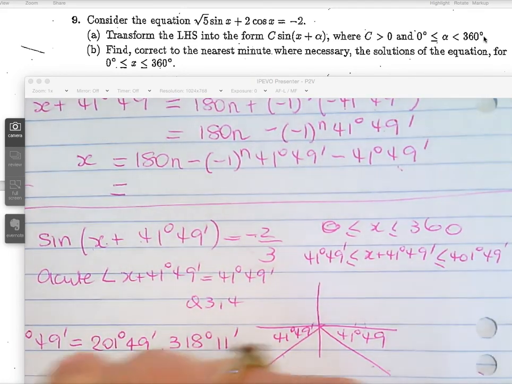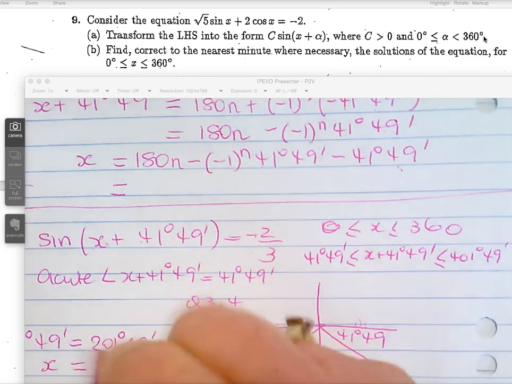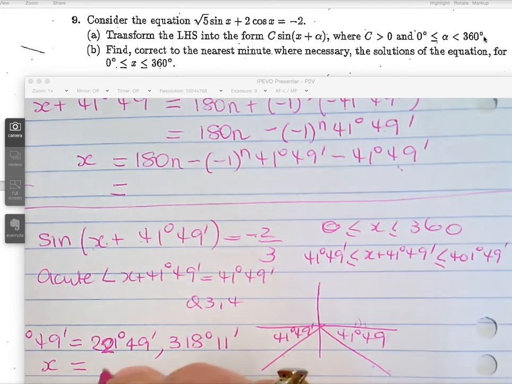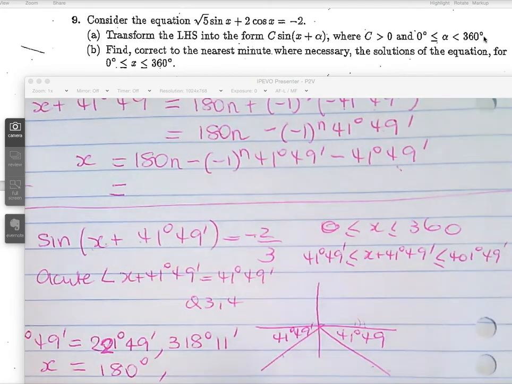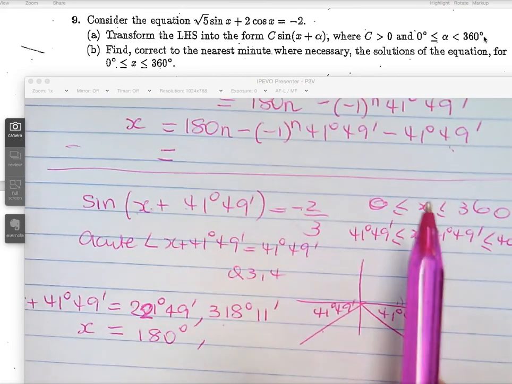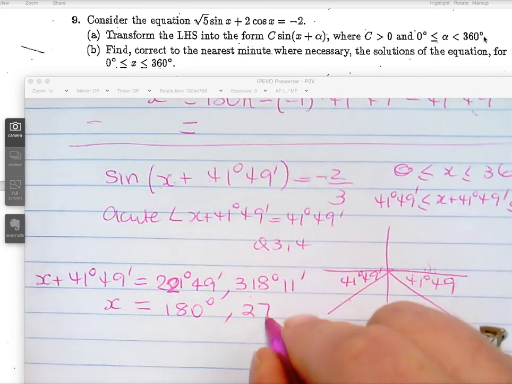You have to take away 41/49. If I take that away from 221/49, I get 180, don't I? And the other, 318/11 minus 41/49, I can't do that in my head. You get 276/22.